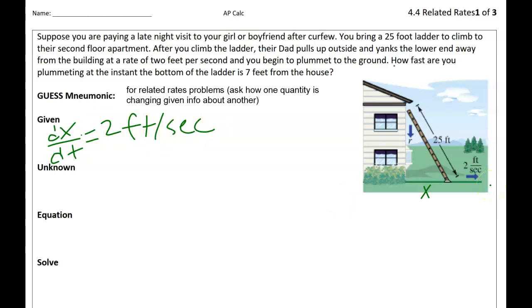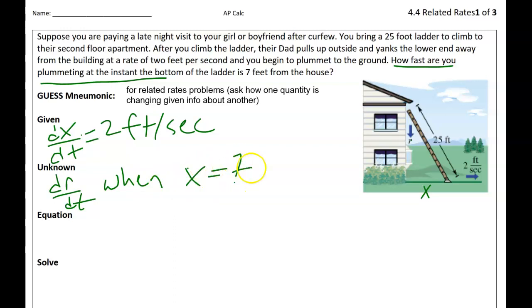My unknown depends on the question. The question is, how fast am I falling? If that's called r, and I want to know the rate of change of r, that's dr/dt. I also want to make a note of when I'm interested in: when x is 7. That's part of the question as well.